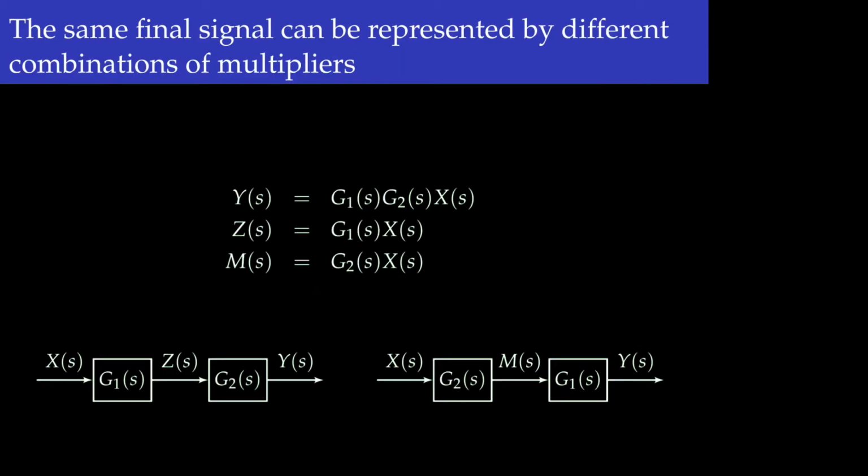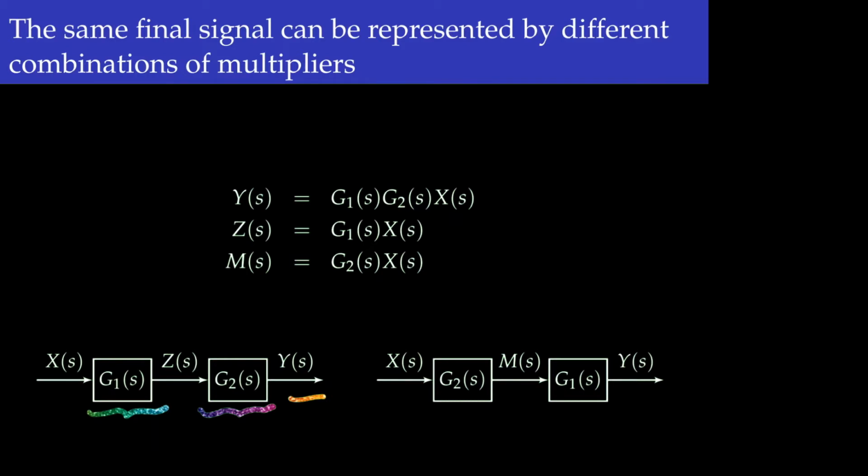Now the blocks can also be used interchangeably. For this case, we have the signal X(s) coming in, going through the block G1(s), and this resulting signal going through the block G2(s) to give the final signal Y(s).